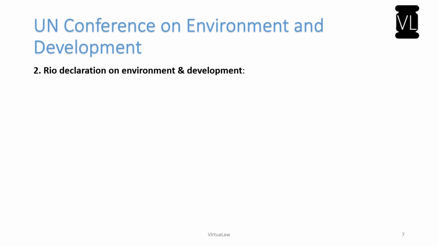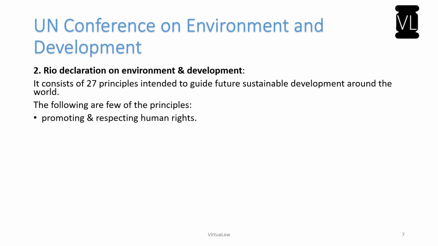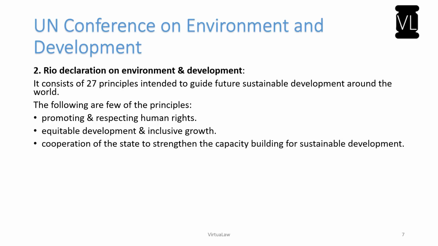The second outcome is the Rio Declaration on Environment and Development. Under this, there are 27 principles which they have adopted on the same day. They have adopted these 27 principles which would guide future sustainable development around the world. A few of the major principles are, firstly, human rights, promoting and respecting the same, equitable development, inclusive growth, the CSR activities, and the state shall cooperate to strengthen capacity building for the existing organizations for the sake of sustainable development.